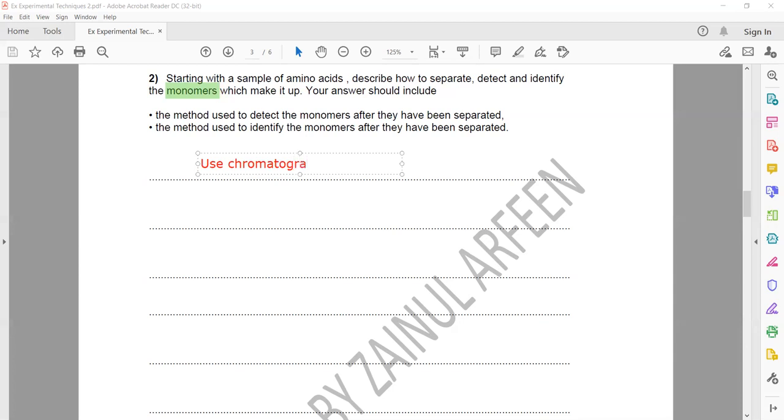Yeah, ion exchange chromatography or chromatography to separate and identify amino acids.